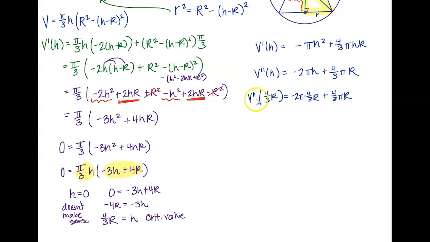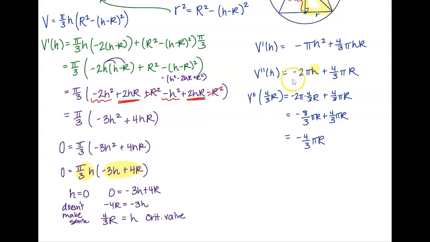I'm plugging that 4/3 r into the one and only h that we have right here. And then we'll see what we get. So we get negative 8 over 3 pi r plus 4 over 3 pi r. These are like terms, so we get negative 4 over 3 pi r.